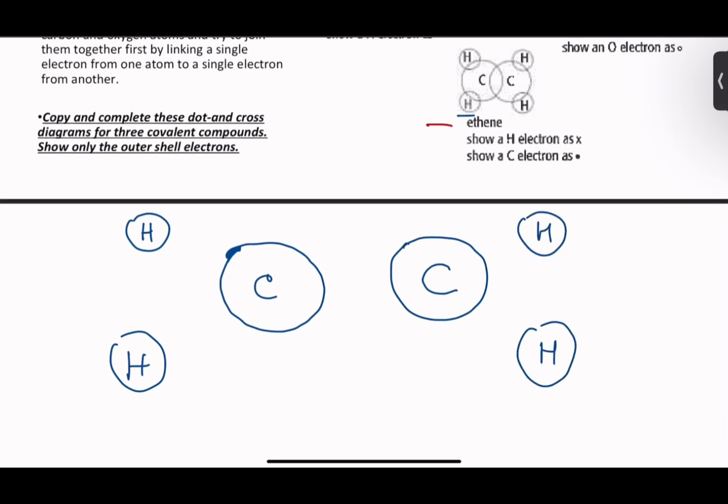Ethene is C2H4. So last shell electrons, we got 1, 2, 3, 4 on carbon, and then hydrogen has 1. Okay, we're doing a Lewis dot cross diagram.